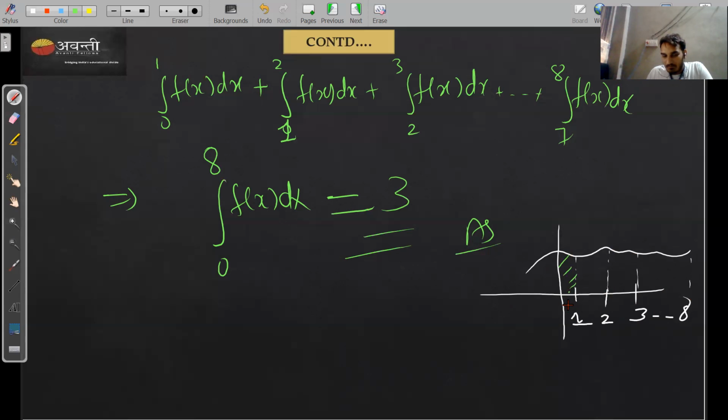Integration 0 to 1 is like this, then integration 1 to 2 is this, integration 2 to 3 is between this. So instead of doing the individual integrations, can I do it from 0 to 3? Then also I still get this value, right?